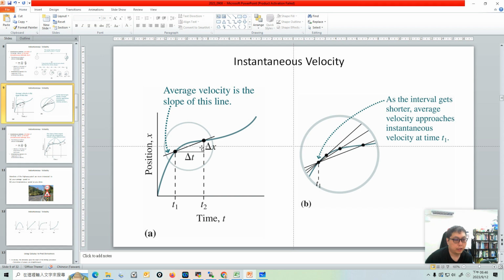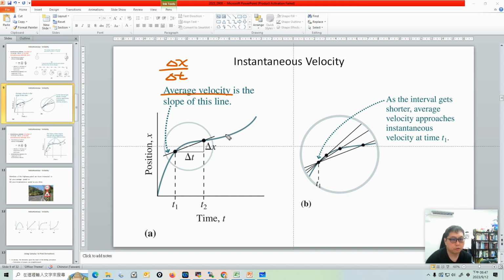Then we can calculate the average velocity, delta x divided by delta t.